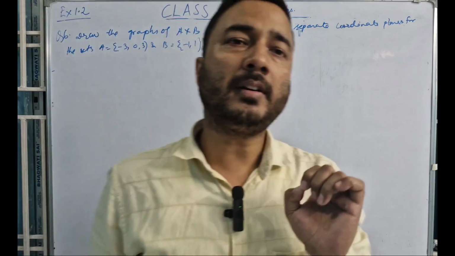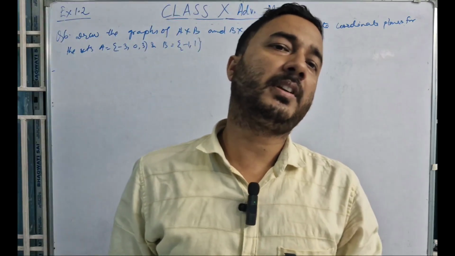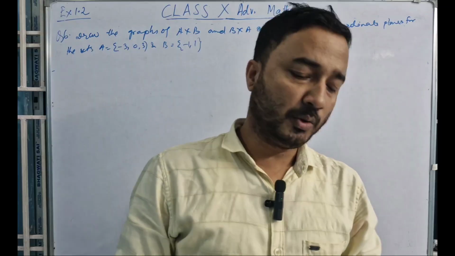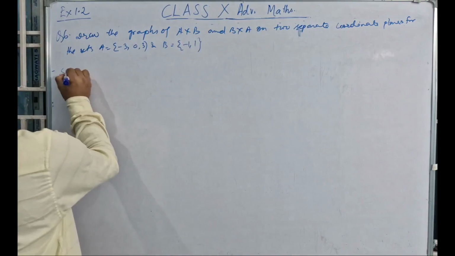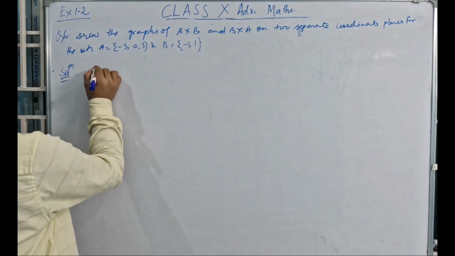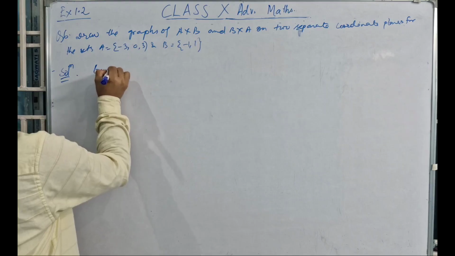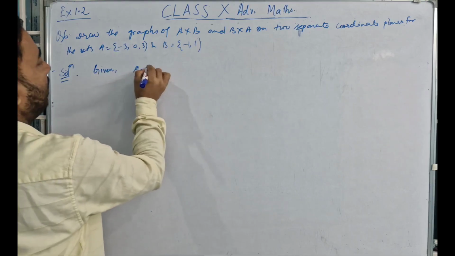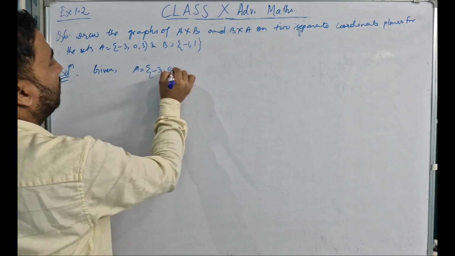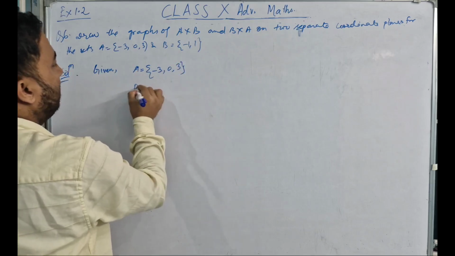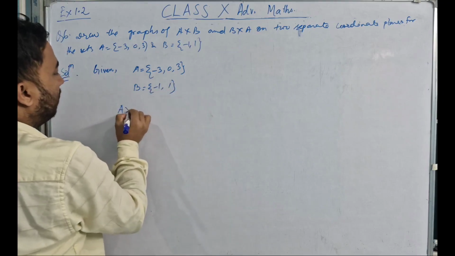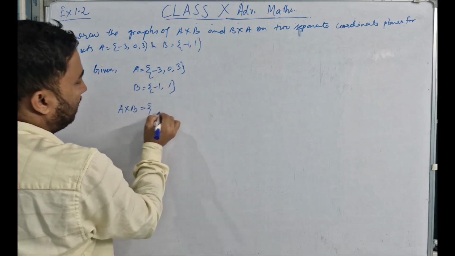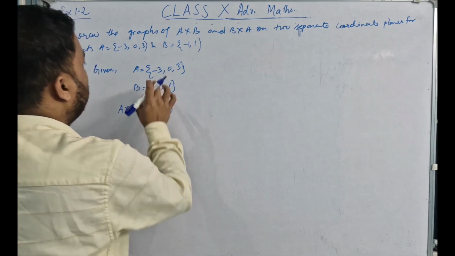First of all, you have to find the elements of the sets A cross B and B cross A, and you know how to find the Cartesian product of two sets. So what are the two sets given? A is equal to minus 3, 0, 3 and B is minus 1, 1. So what is A cross B? You can find it out, right?